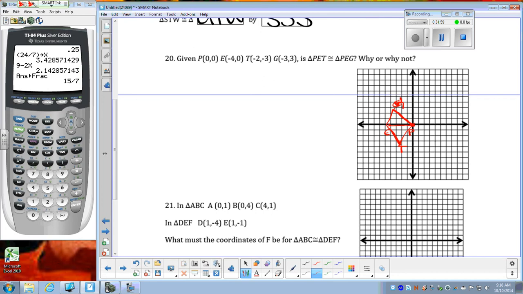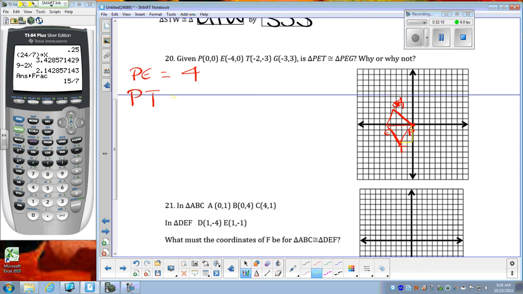Well, I need to figure out my sides, so I need to figure out PE. Well, PE is easy because I can just count it. And so that has a length of 4. I need to figure out PT. So PT, I had to go over 2 and up 3.